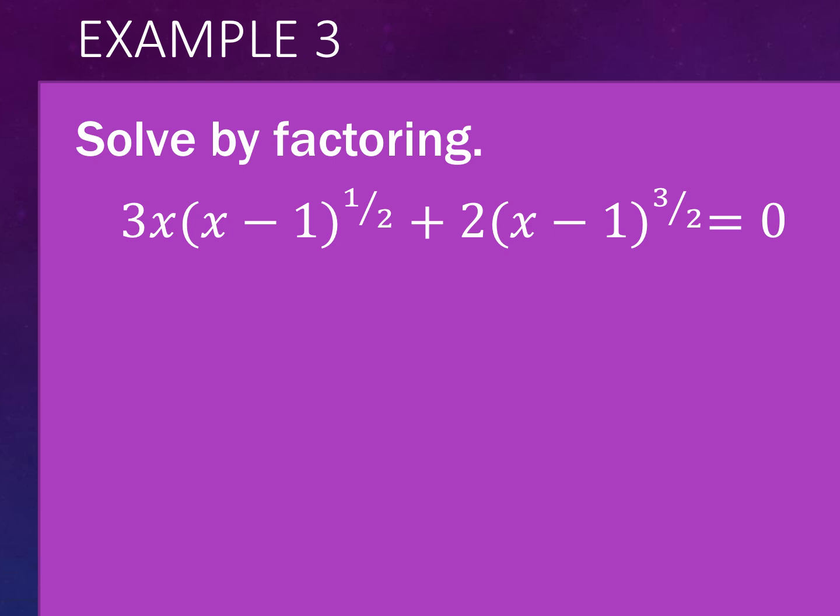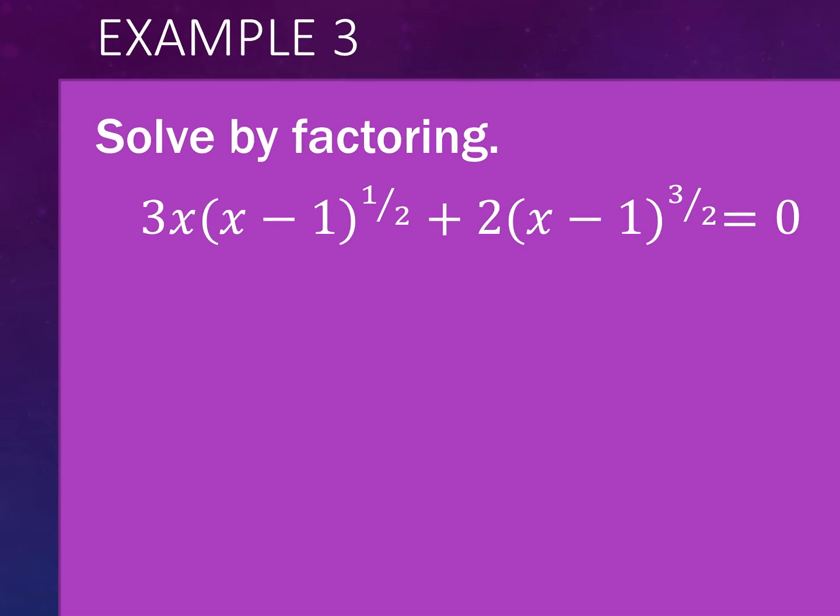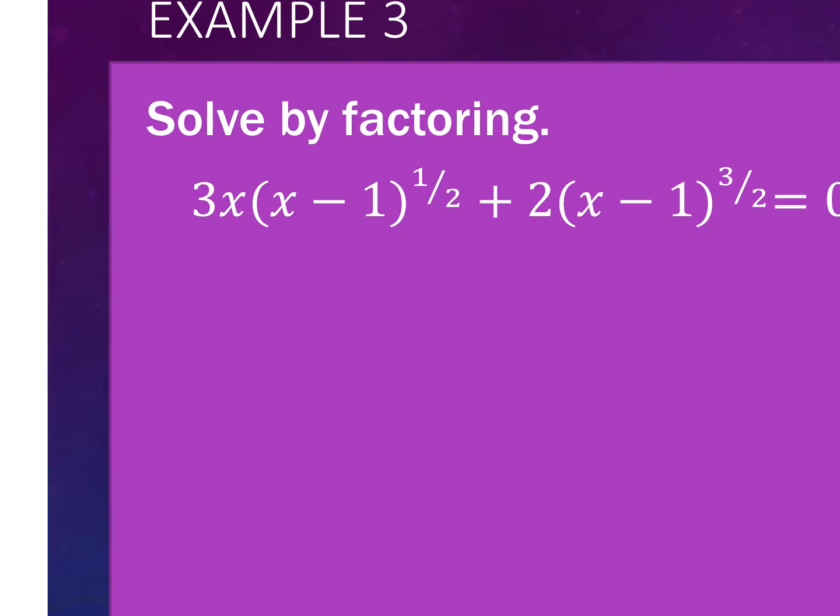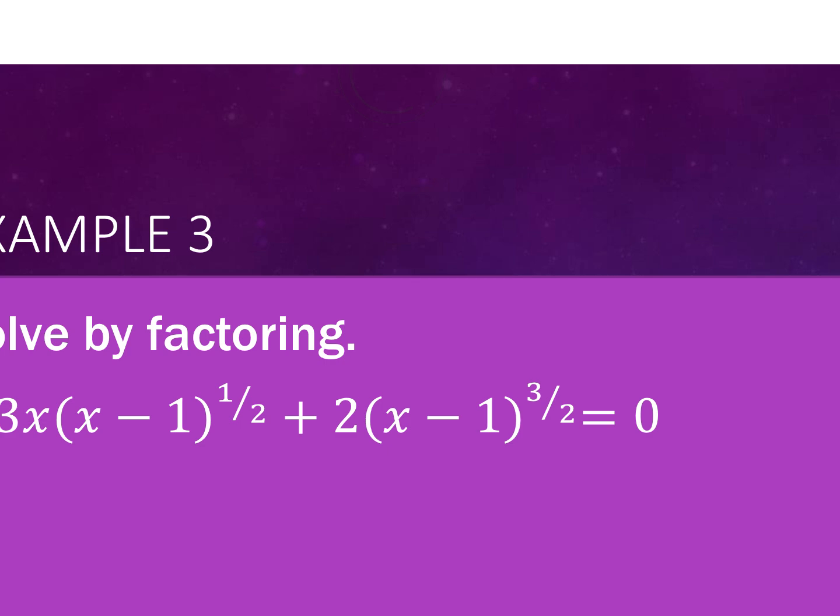What is our GCF? Let's think about it. We had, in the last one, x squared and x to the third power. What was our GCF between x squared and x to the third power? Which one? x squared. We took out the x squared. We take out the smaller one because that's what they both have in common.